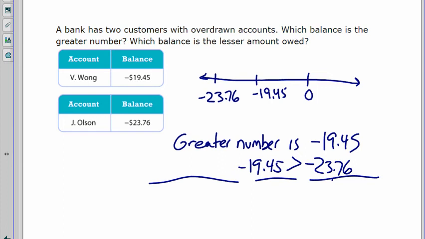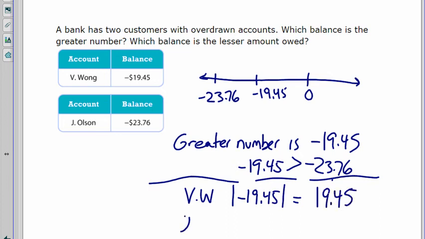Well, the amount owed is going to be an absolute value. So for VW there, the absolute value of a negative 19.45 is 19.45. They owe $19.45. And for Olson there, the absolute value of a negative 23.76 is 23.76.